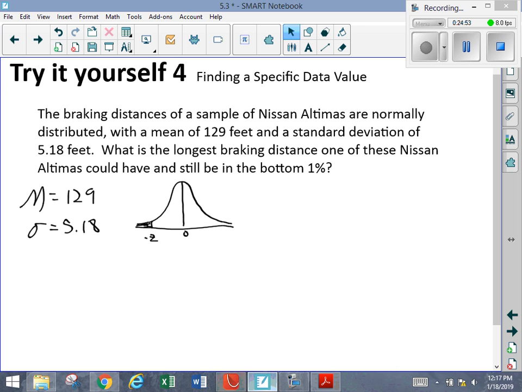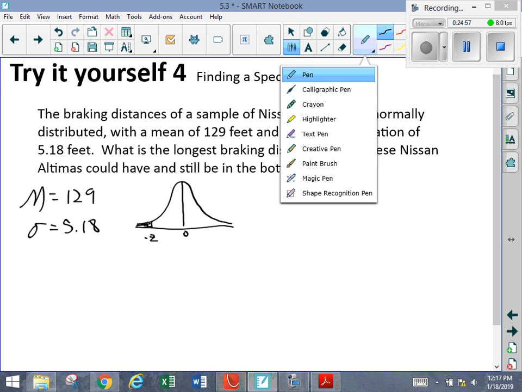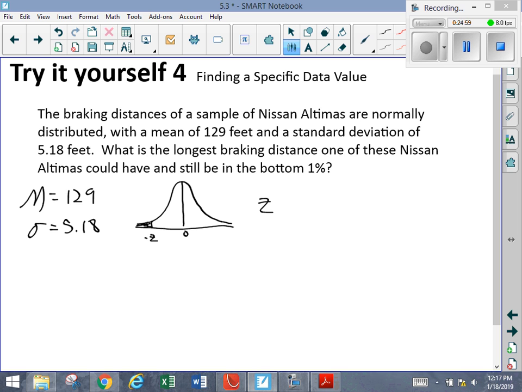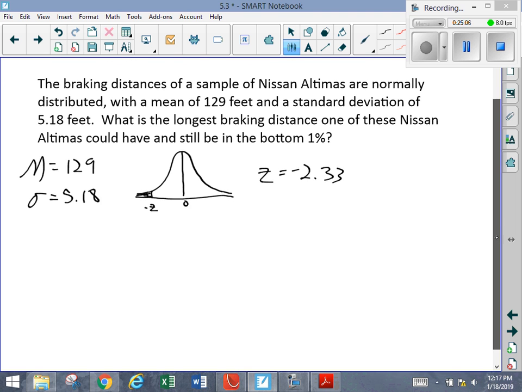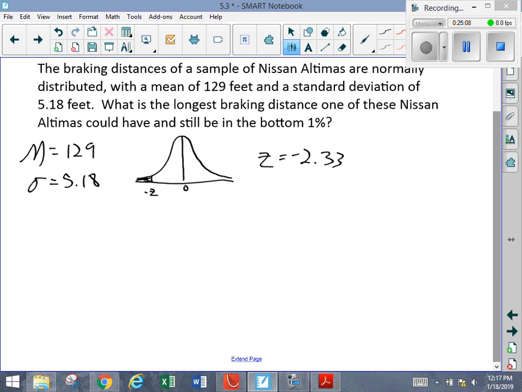So that's the first step. We found out that our z value is going to be negative 2.33. Now we have to figure out the x value, using the formula that x is equal to our standard deviation times our z-score plus our mean.